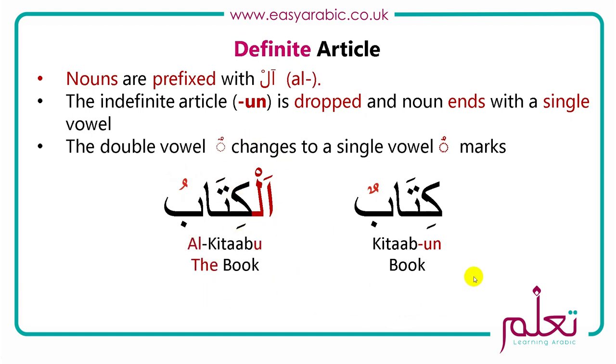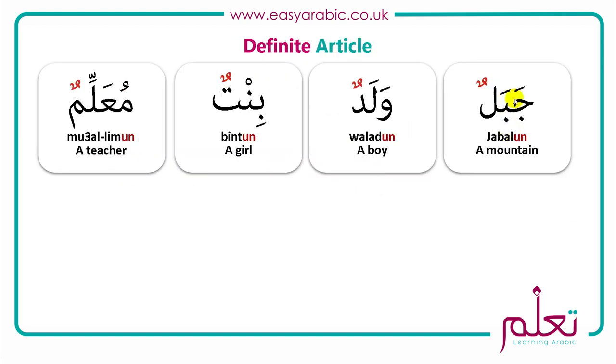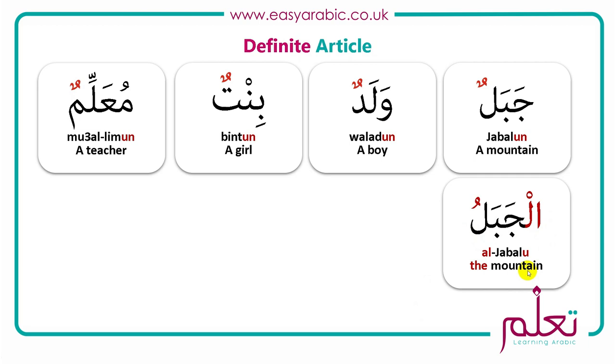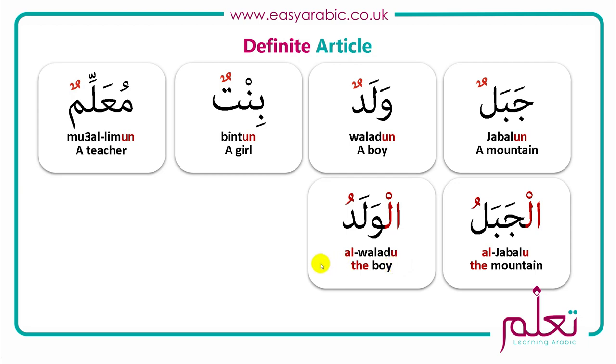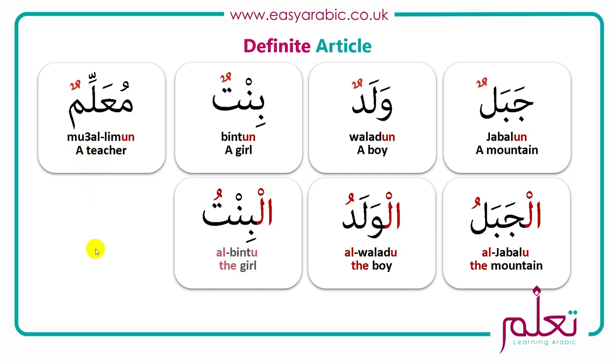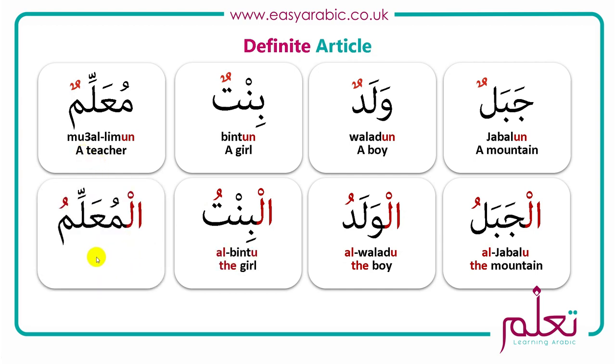If you look at the same examples that we did for the indefinite article, here was jabalun, which will become, you want to try it? Al jabalu. Next is waladun becomes al waladu. Bintun becomes al bintu. Muallimun becomes al muallimu.